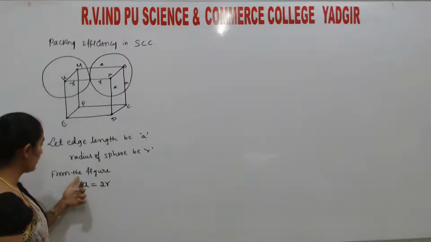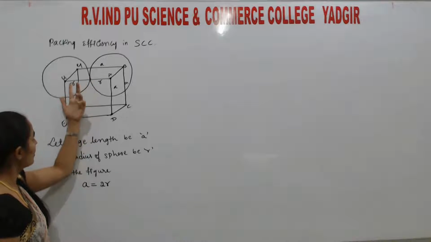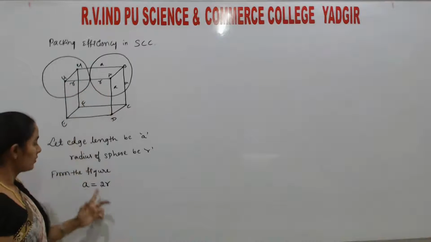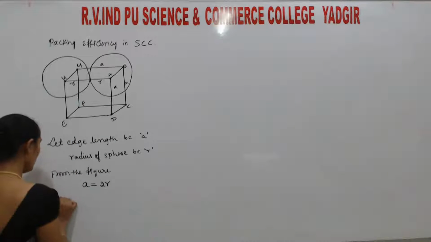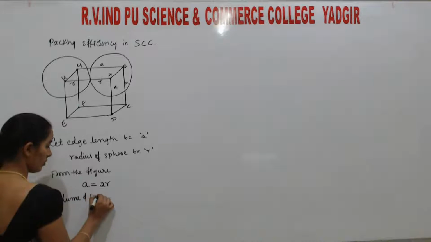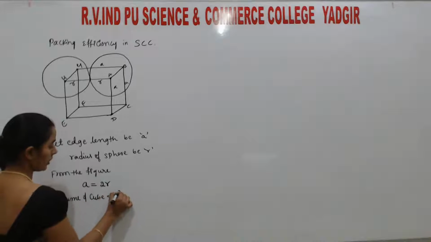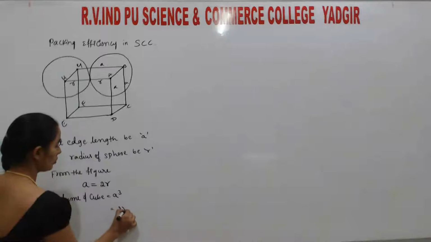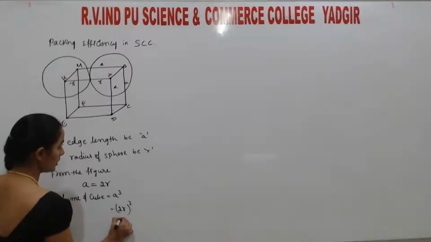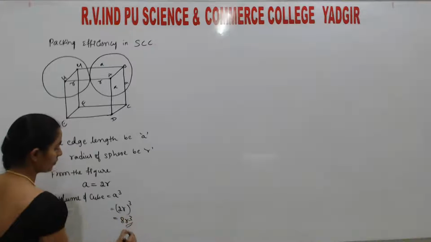We know that edge A is equal to R plus R, 2R. So then, volume of cube is equal to A cube, that is 2R whole cube, that is 8R cube.